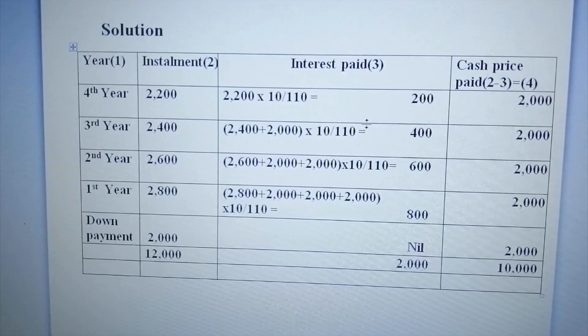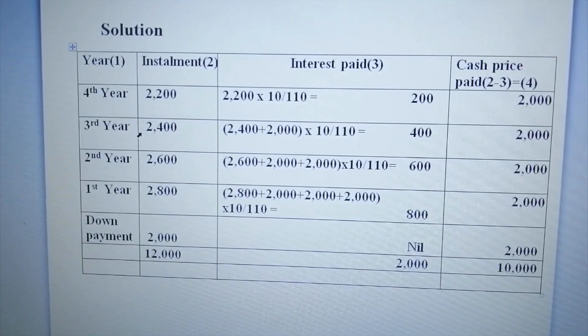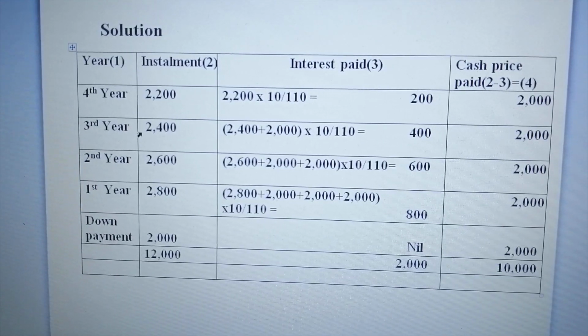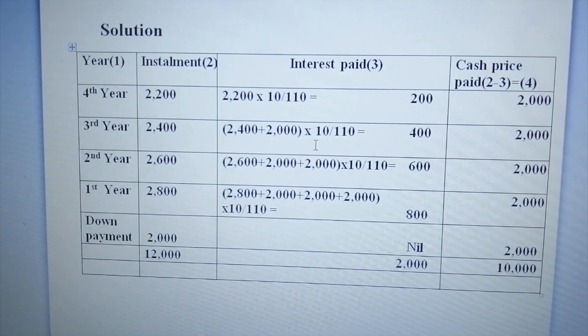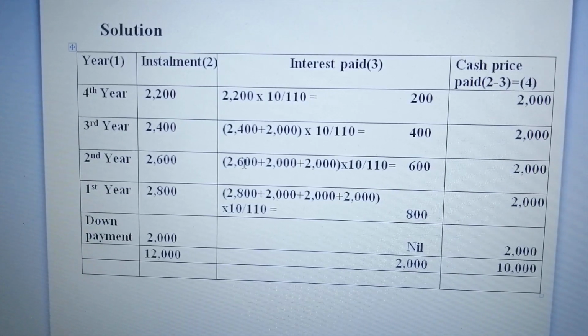Now we are taking the third year installment amount. At this stage, we have to calculate the interest on outstanding due, because at this stage, we need to pay one more due. That is, at the third installment, we have to pay the fourth installment amount also. So, while we calculate the interest, we have to include the fourth year cash price along with this installment amount.